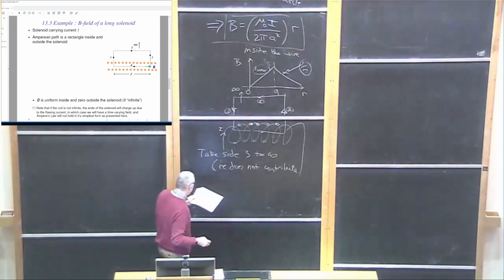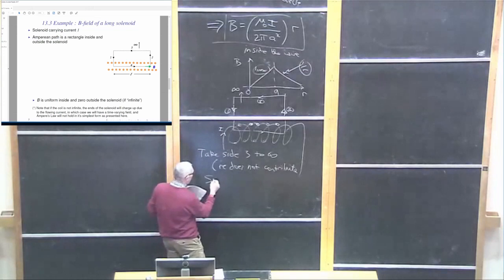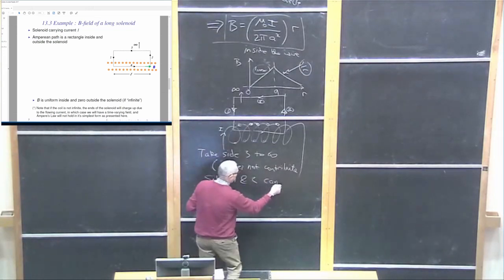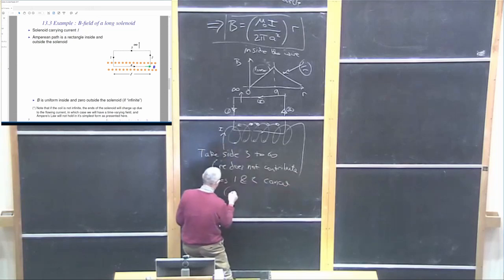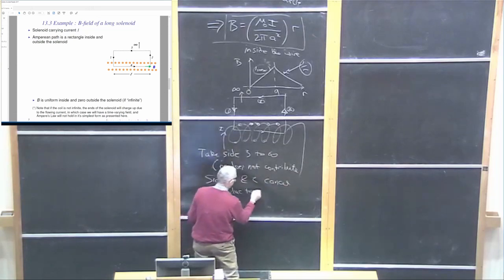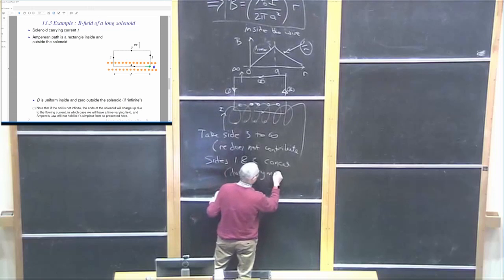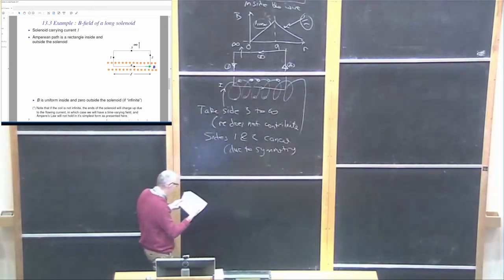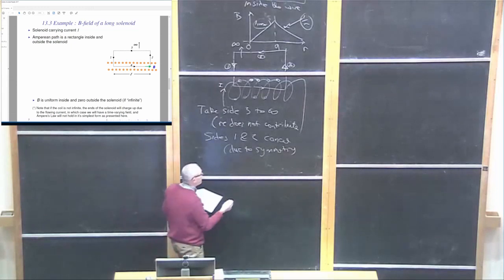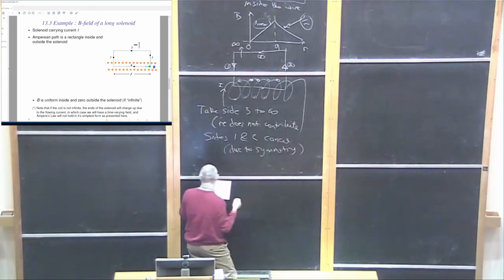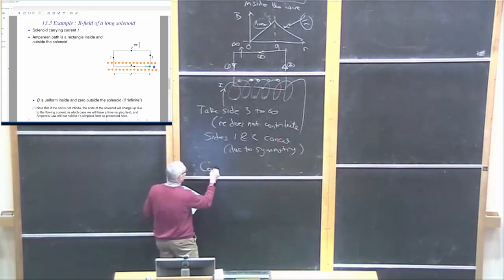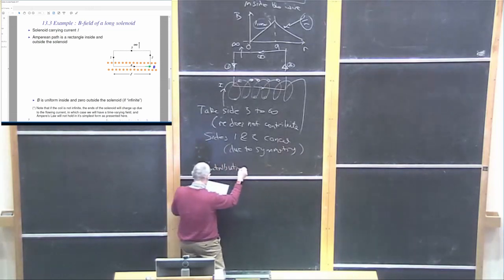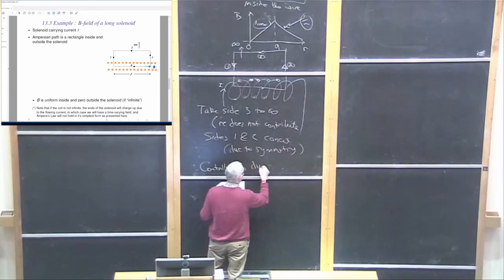That's gone off to infinity. Sides 1 and 2 cancel due to symmetry. Right, so we're just left with this fourth side, sorry. So the contribution due to side 4.